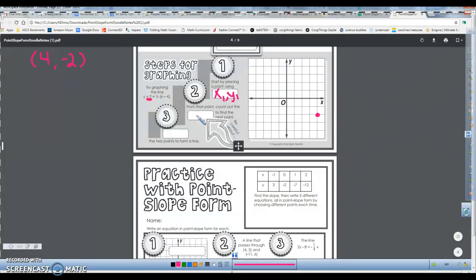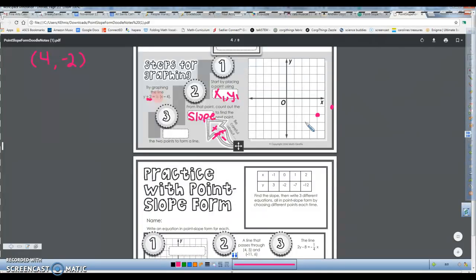From that point, we're going to count the slope to find the next point. Again, be careful about positive and negative, okay? Our slope is 1/2. So that means I go up 1 over 2, which would be like over here.